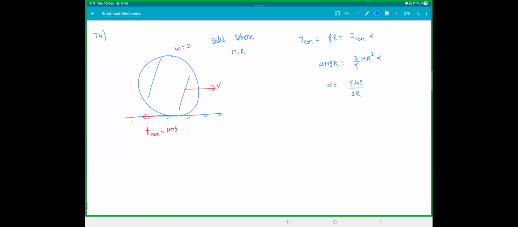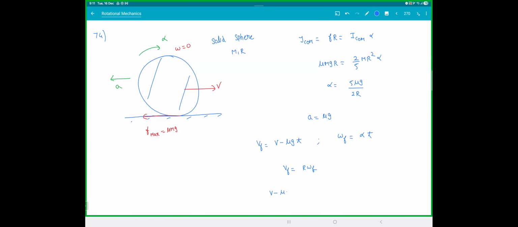Similarly, you'll also have a deceleration. So your acceleration will be this way and your alpha will be this way. Be careful, a is not equal to R alpha, you're slipping here. And the deceleration will be mu g. So V final will be V minus mu g t. Omega final will be omega initial, which is 0, plus alpha t. Eventually, you start pure rolling, so V final will be R omega final.